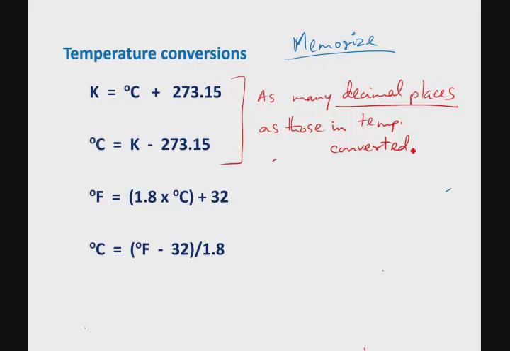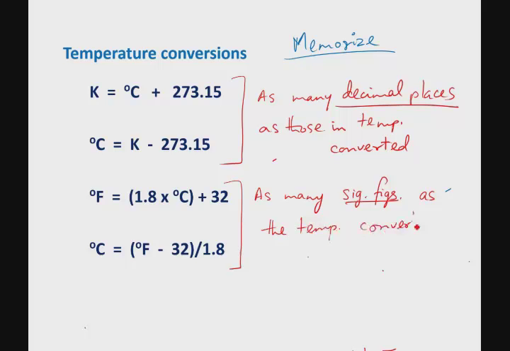But when we are converting between degree Celsius and degree Fahrenheit, we will give the answer in as many significant figures as the temperature that is being converted. So please mark these guidelines. These are not rules. No, not at all. These are just a guideline that we will use in our class for the purpose of consistency.